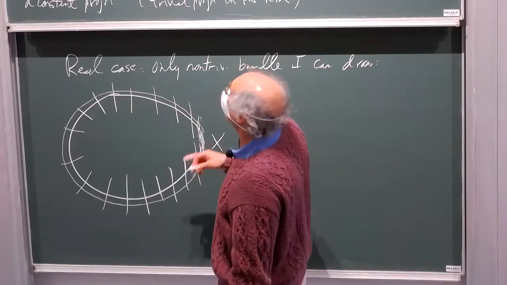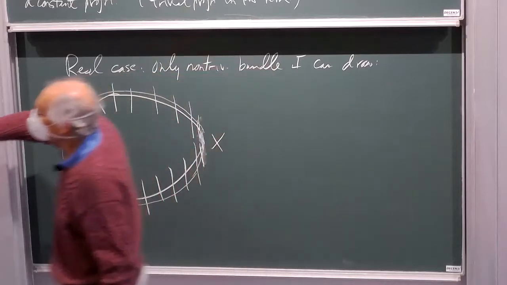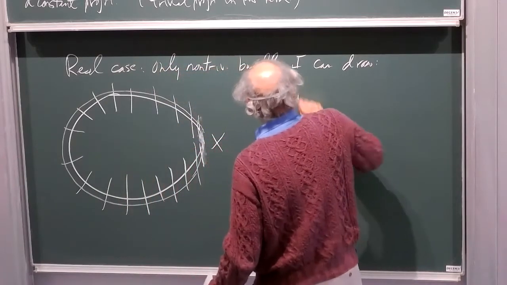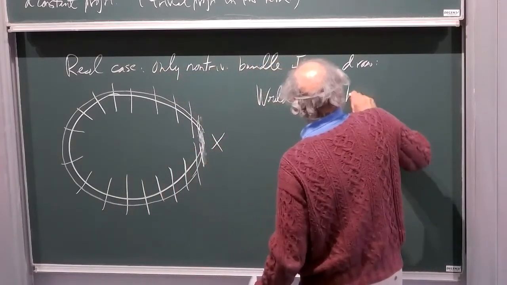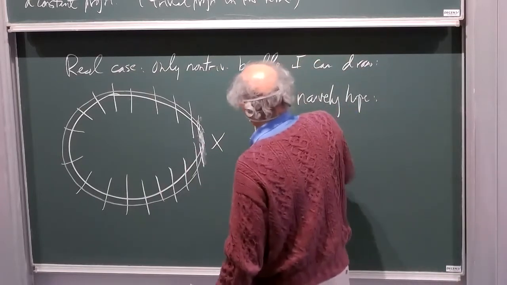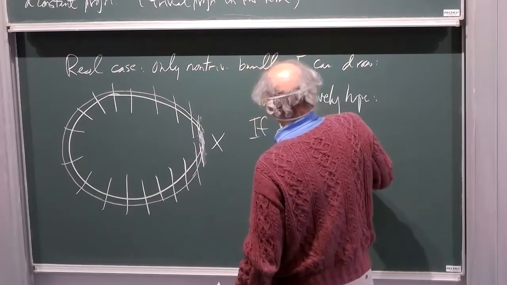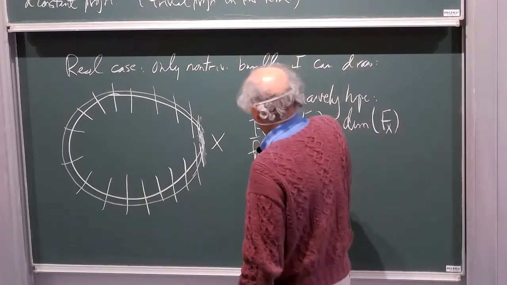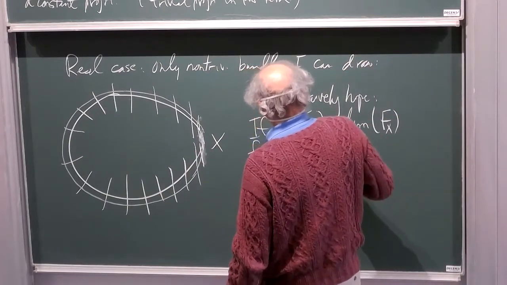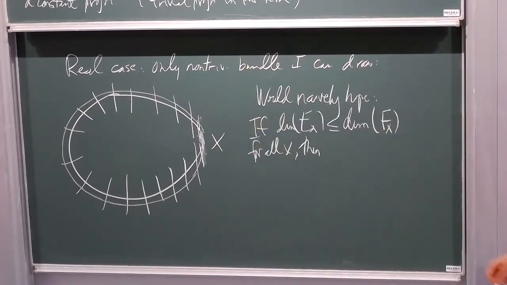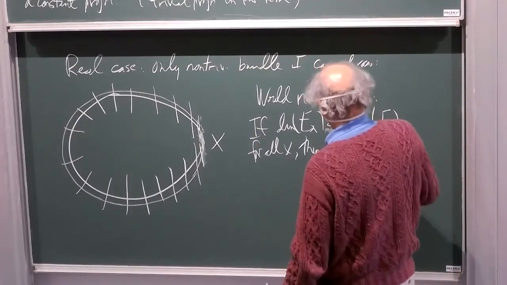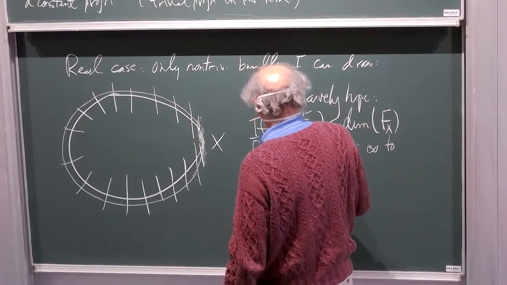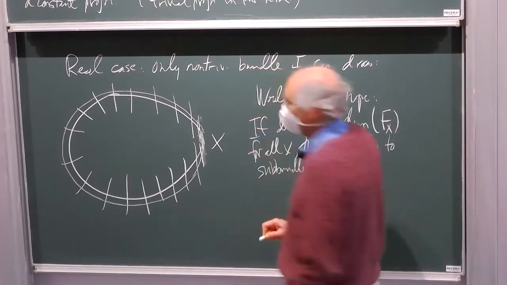And so again, I can give you a real version of failure of this. You would naively hope that if the dimension of Ex is less than or equal to the dimension of Fx for all x, then E is isomorphic to a subbundle of F. This is not true.